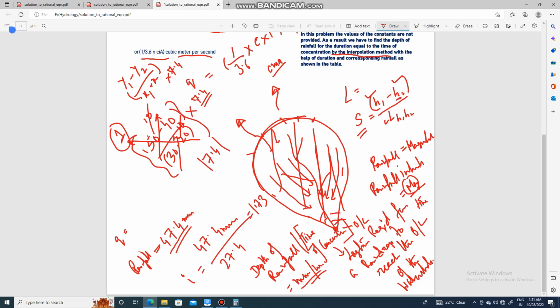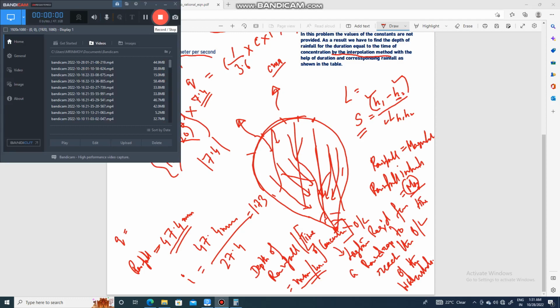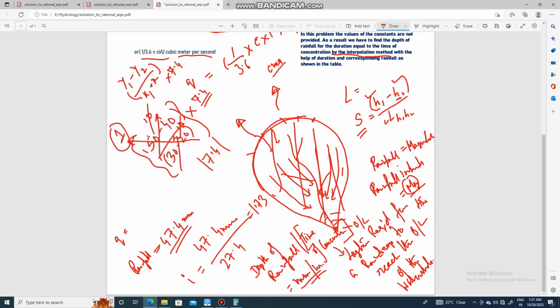Now in the case of Q, we try to find Q in the SI unit of discharge or peak discharge, which is meter cube per second. And here you see the QP.